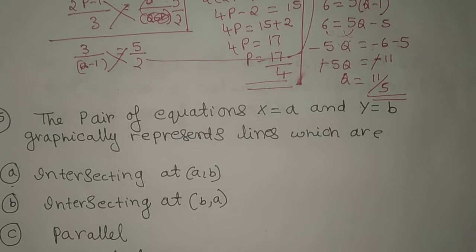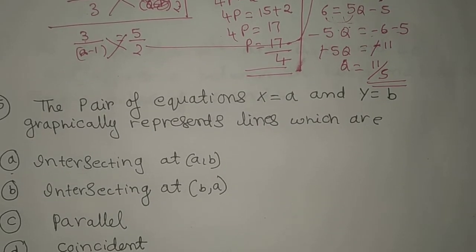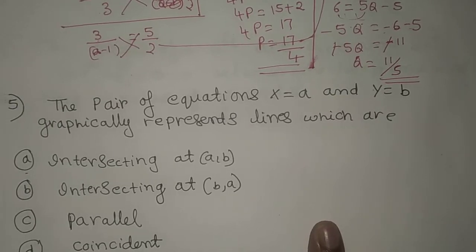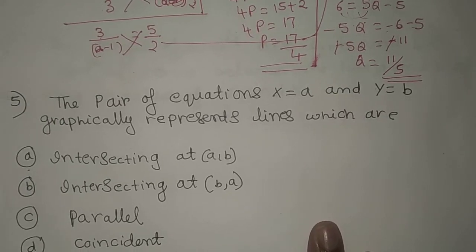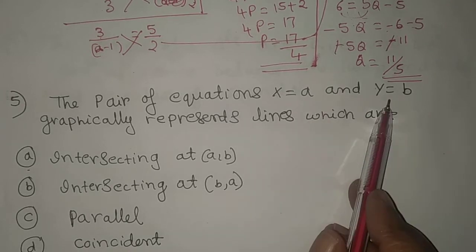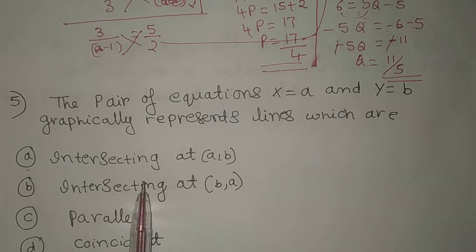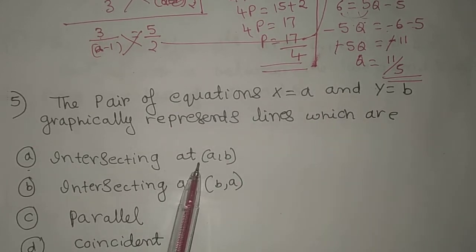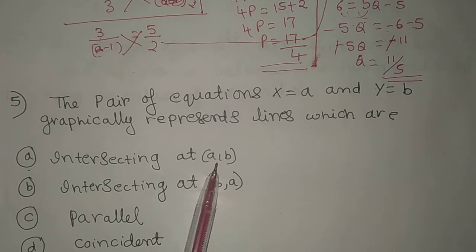So next we have the pair of equations x is equal to A and y is equal to B. Graphically represent the lines. When this is the condition, x will be A and y will be B, so the lines intersect at (A, B). The next option is intersecting at (B, A), and the next is parallel or coincident.